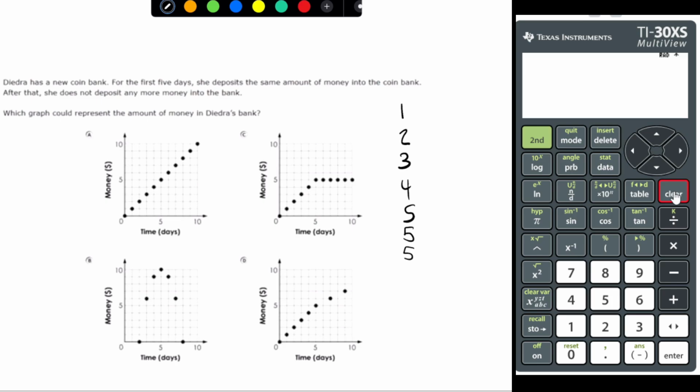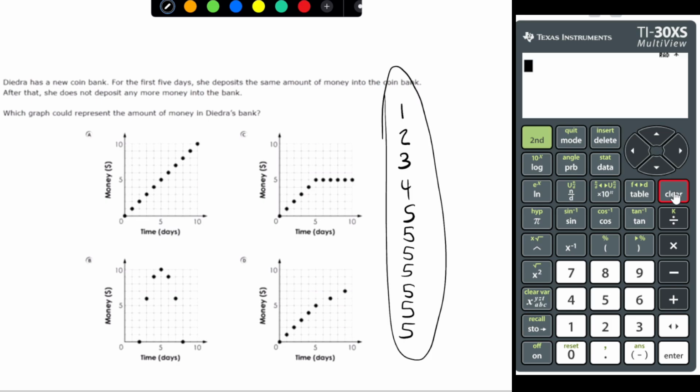So it's still going to be 5, 5, 5, 5, 5, 5. Until you decide to either A, take money out, or B, put more money in. Which of these graphs looks like this? This one. You put in 1, 2, 3, 4, 5, and then you just stop depositing money, so there's just always 5 in there.